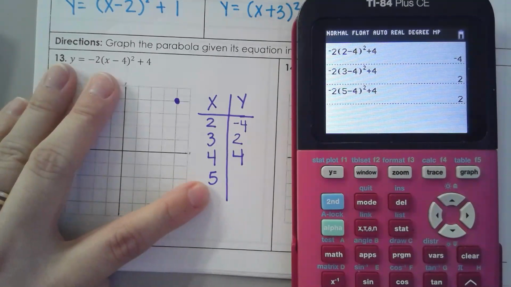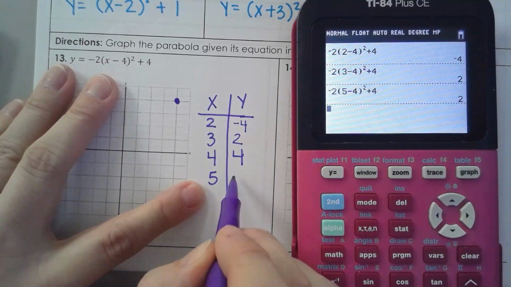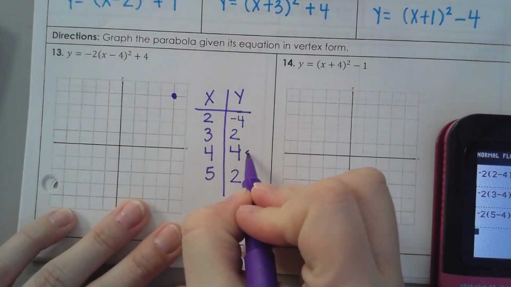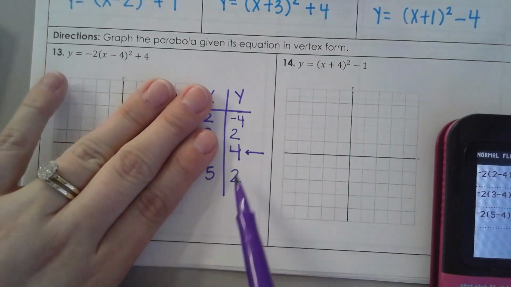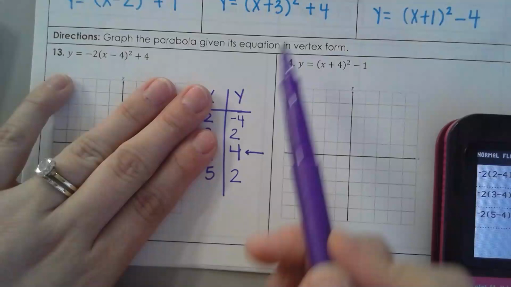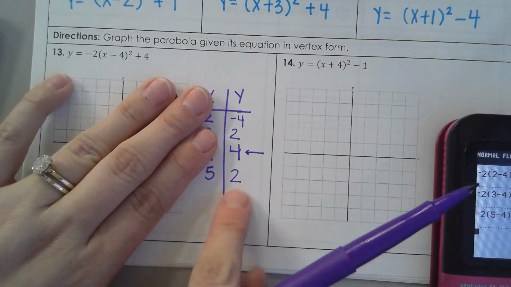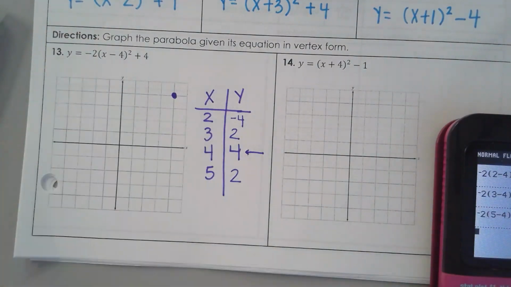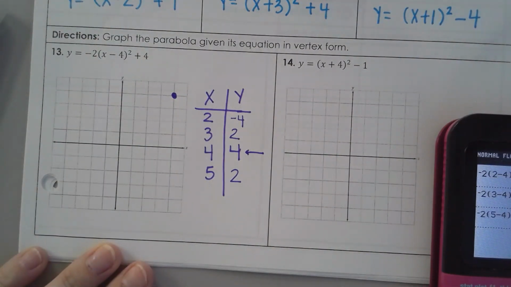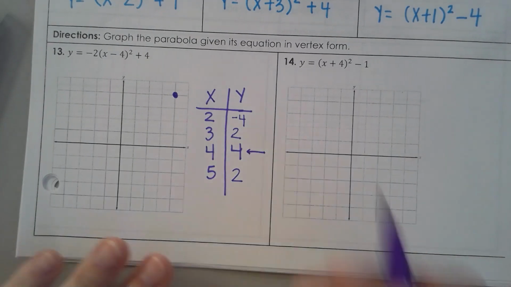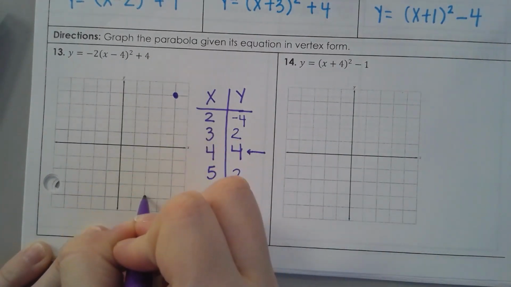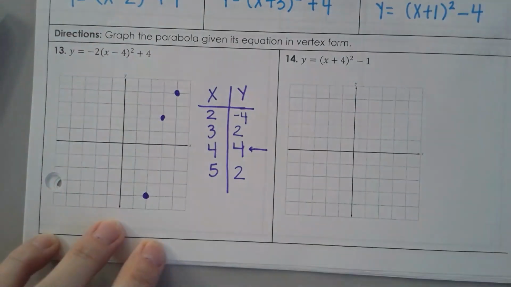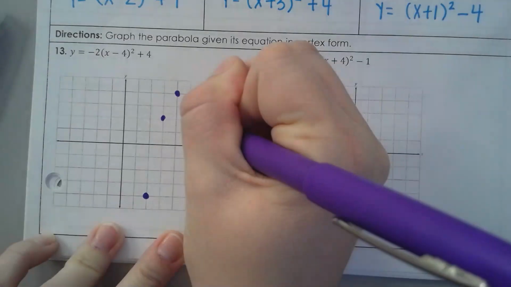And when I plug in a 5, I also get 2. Parabolas are symmetric, so if this is my vertex, in the middle, then my y values should mirror. So if I did a 6, what number would I get as my y value? -4. Yeah, so they're the same y values on either side of the vertex. So 2, -4; 3, 2; and 5, 2.